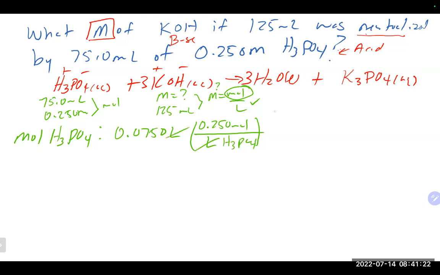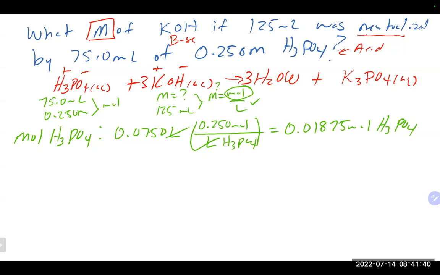So our liters here cancel, and we end up with here 0.075 times 0.25. 0.01875 moles of our phosphoric acid.